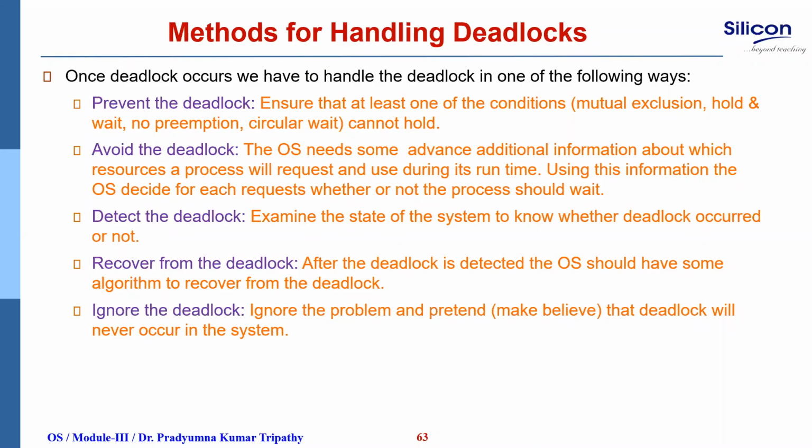The last point says that in spite of all this, we cannot give a guarantee that deadlock will never occur. Is it understood or does anyone have doubts? Deadlock handling mechanisms, all these five: prevention, avoidance, detection, recovery and ignore. Is it understood?